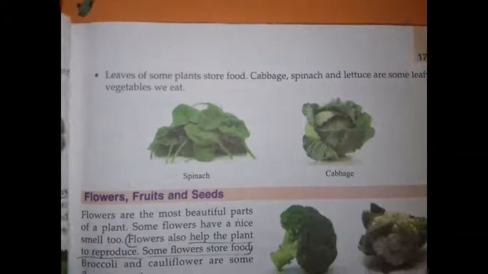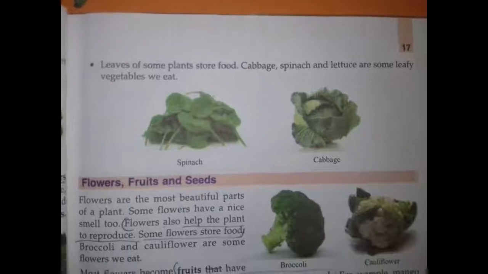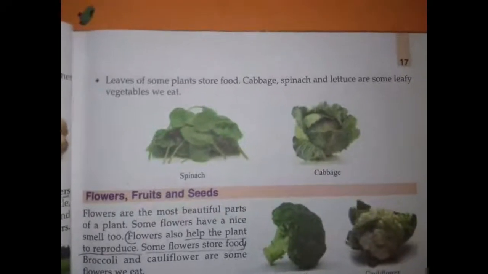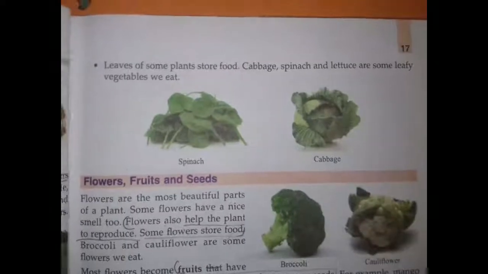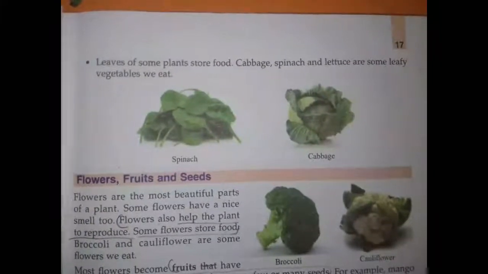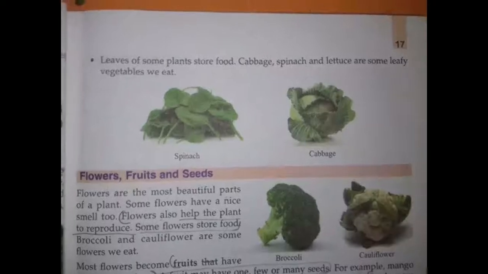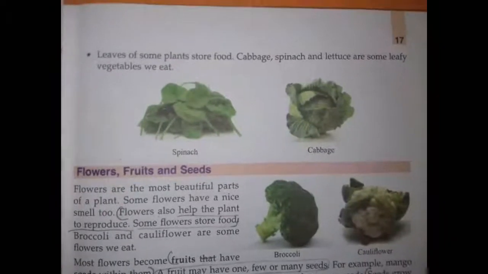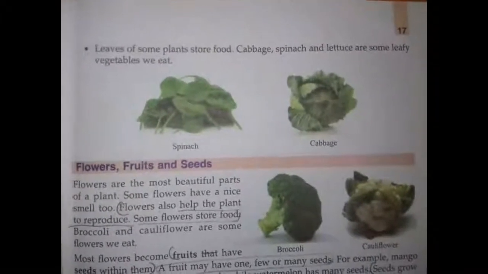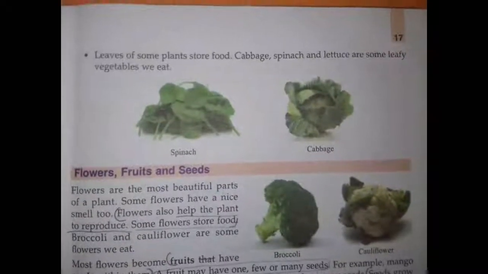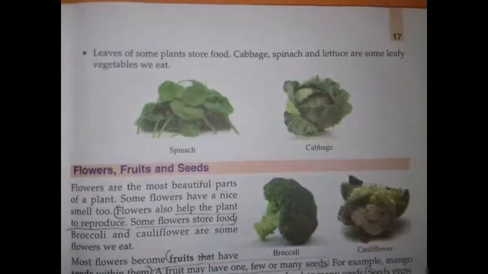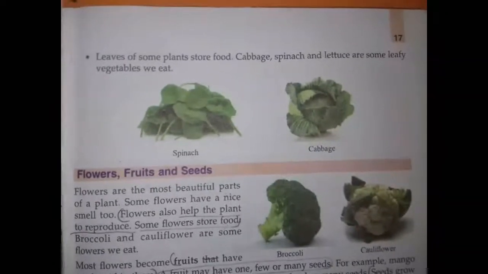They contain a green pigment called chlorophyll, which can trap solar energy. The leaves, in the presence of sunlight, carbon dioxide, water and chlorophyll, prepare their own food in the form of glucose and release oxygen. The process is known as photosynthesis.